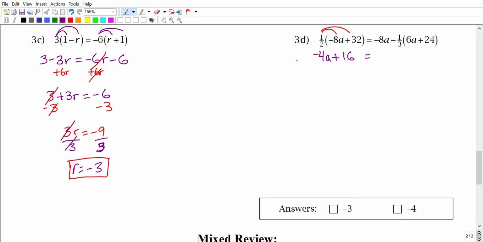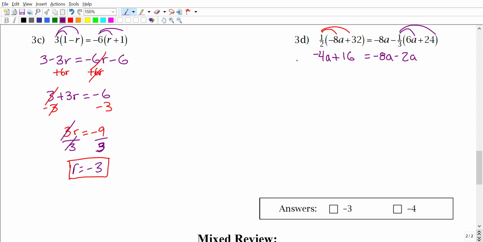All right, now on the left side, I have that negative 8a. Not combined with anything. So I'm just going to leave it. Now I have to distribute the negative 1/3 to both of those terms. So negative 1/3 times 6a is a negative 2a. Again, remember, it's almost like saying 6a divided by a negative 3.